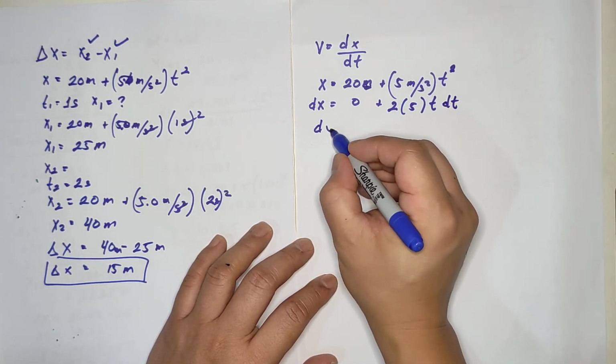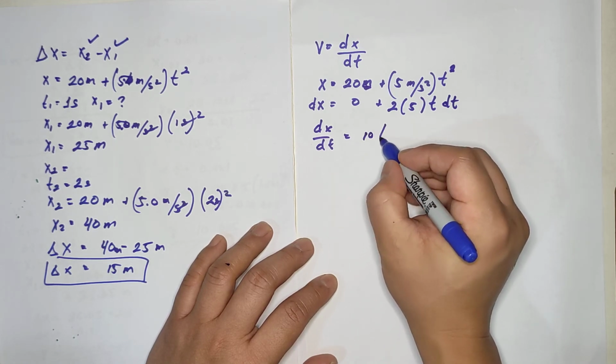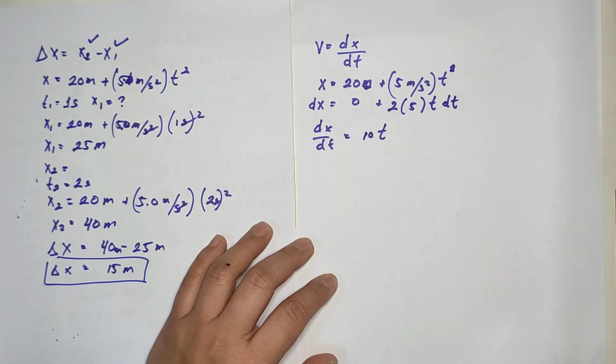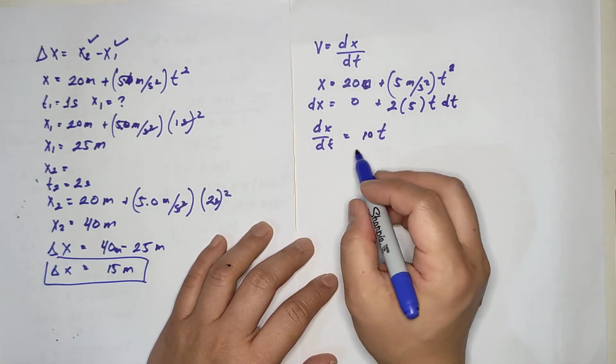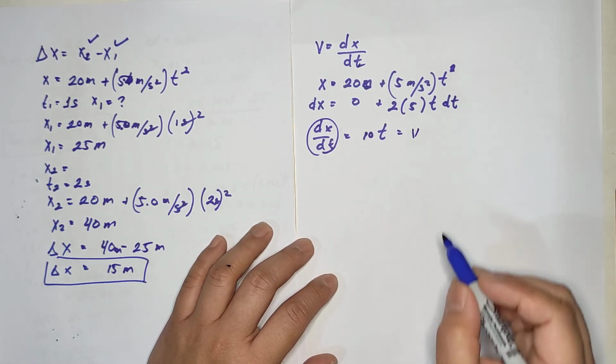So dx over dt is 10t. Okay, 10t. Now, this one is actually the instantaneous velocity.